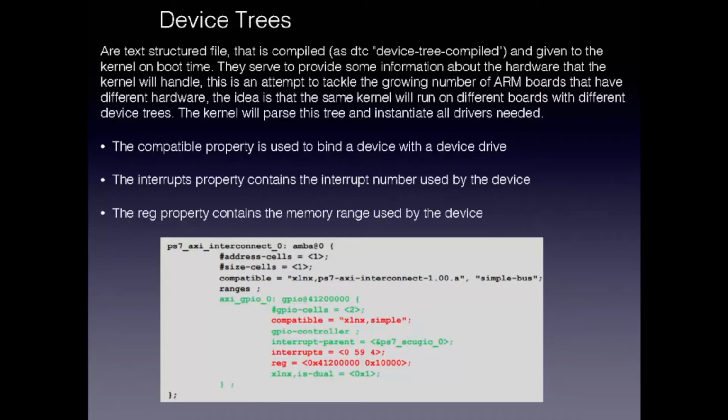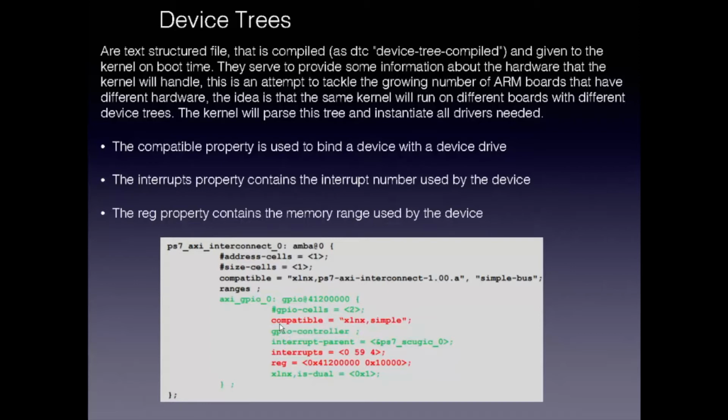This is an attempt to tackle the growing number of ARM boards that have different hardware. The idea is that the same kernel will run on different boards with different device trees. The kernel will parse this device tree and instantiate all drivers needed. Here we have an example of a device tree entry. What you need to pay attention to is this compatible field.